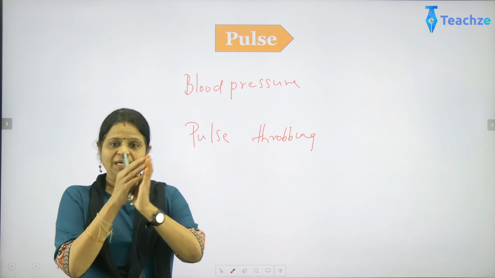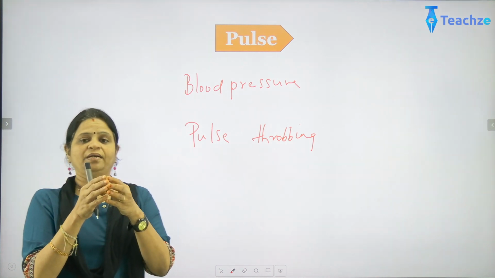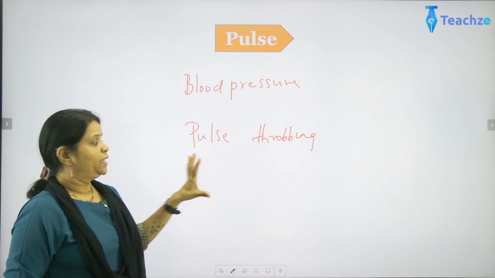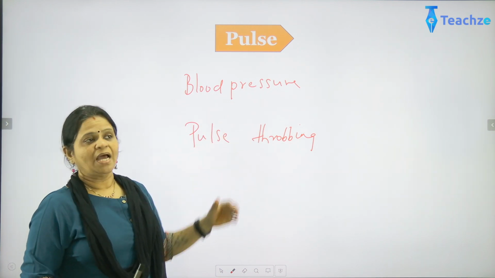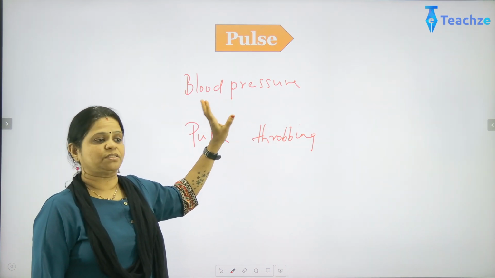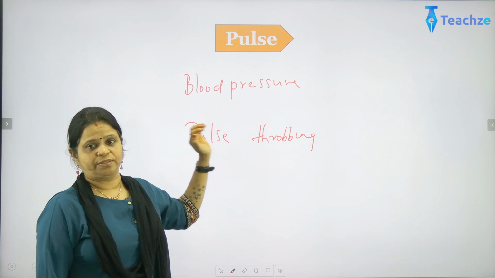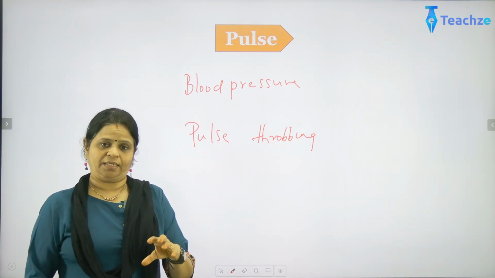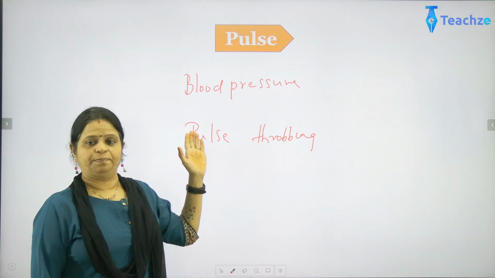According to that, the flow of the blood in the arteries also happens intermittently, or throbbing. That we call pulse, and technically speaking, the number of heartbeats per minute, that is the contraction and relaxation, will be equivalent to the blood flow in the arteries. So that will be called the pulse.